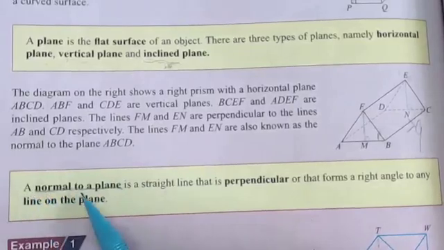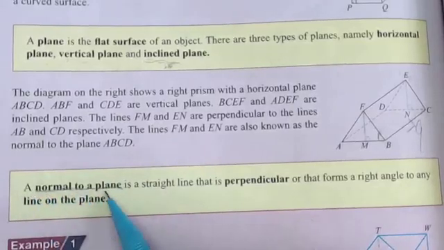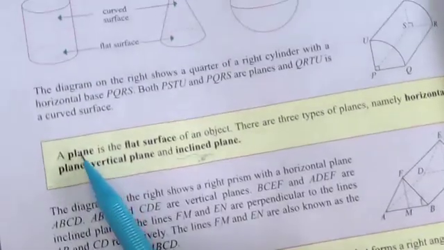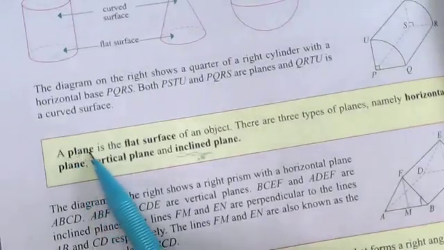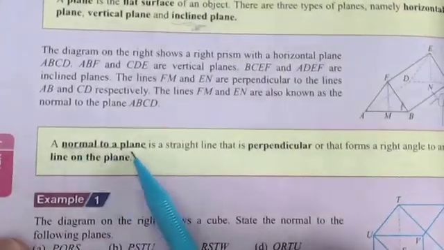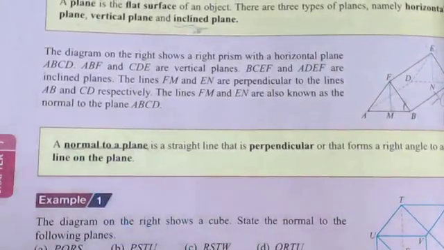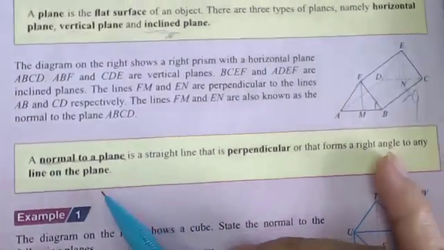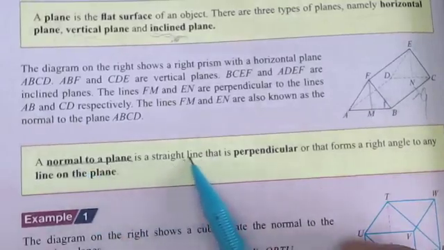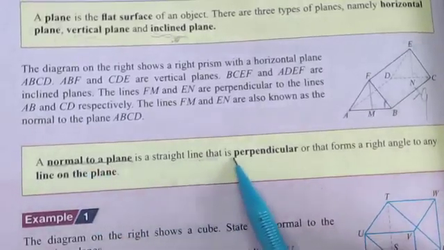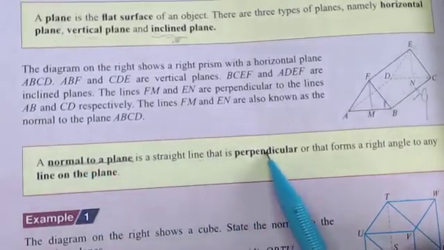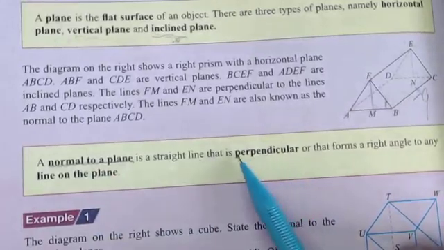A normal to a plane. Before, we learned only about a plane. Now, normal to a plane, what does it mean? A normal to a plane is a straight line that is perpendicular. Do you know perpendicular?